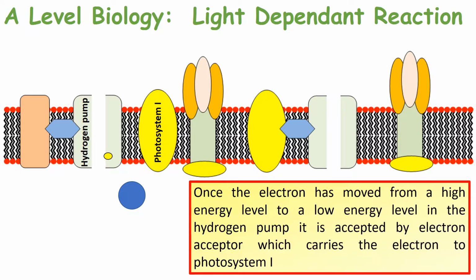Once the electron has moved from a high energy level to a low energy level in the hydrogen pump, it is accepted by an electron acceptor which carries the electron to photosystem 1.